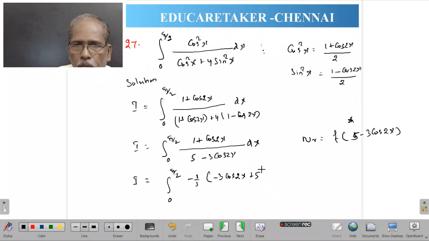Then what is the extra constant? Minus 5 by 3 should be adjusted, so plus 5 by 3, and the already existing constant 1. This is the numerator.